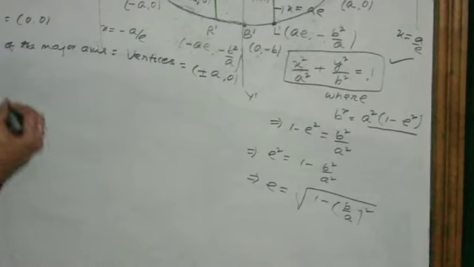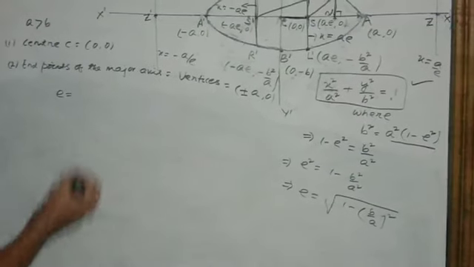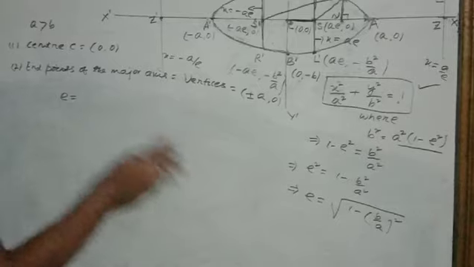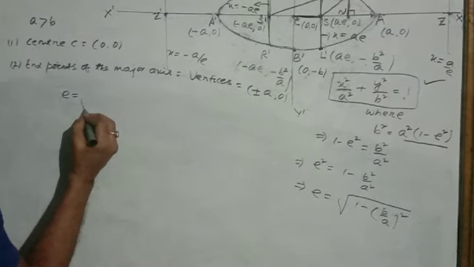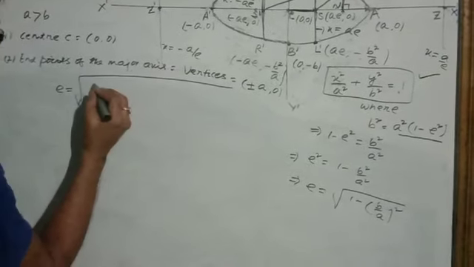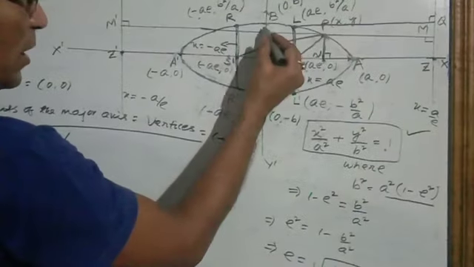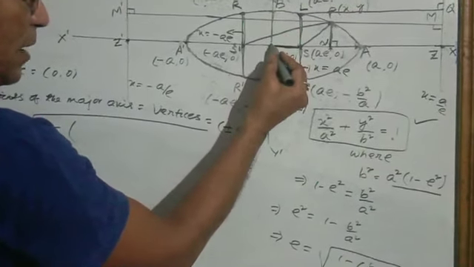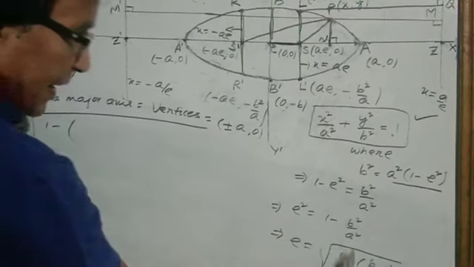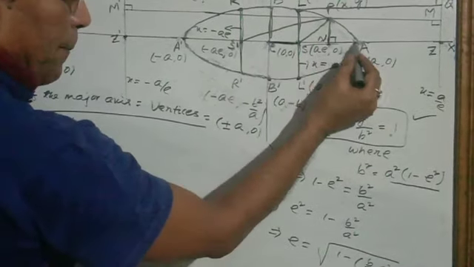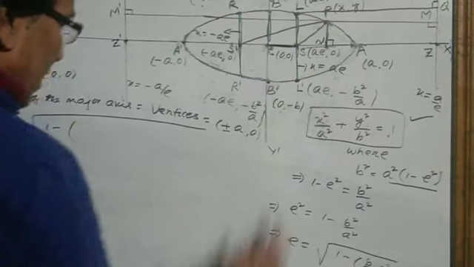So finally, remember that eccentricity is always obtained from this equation. B is the semi-minor axis, and A is the semi-major axis, half of the major axis.